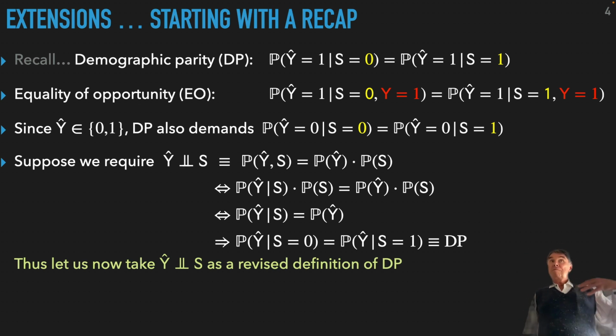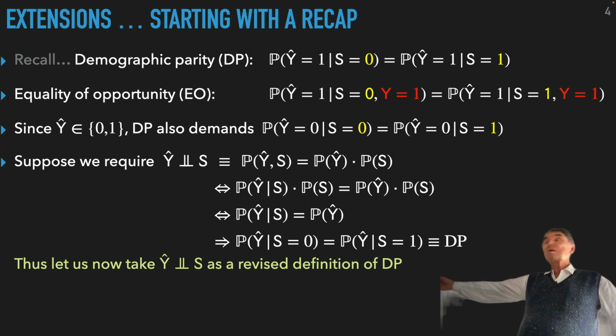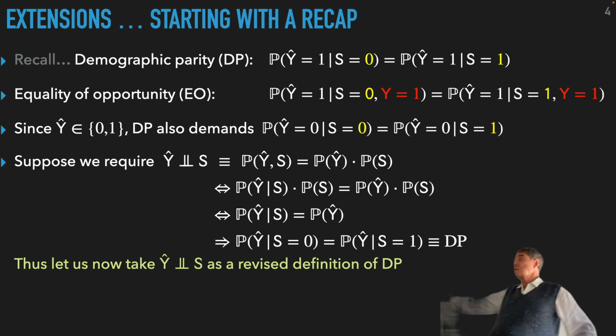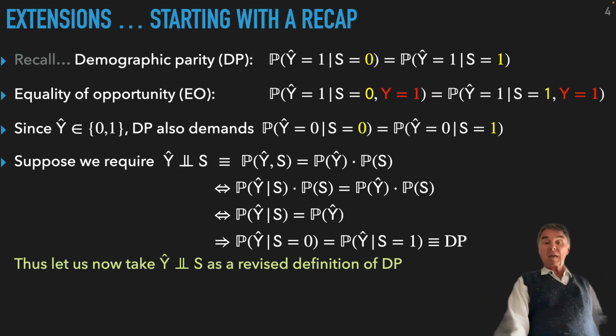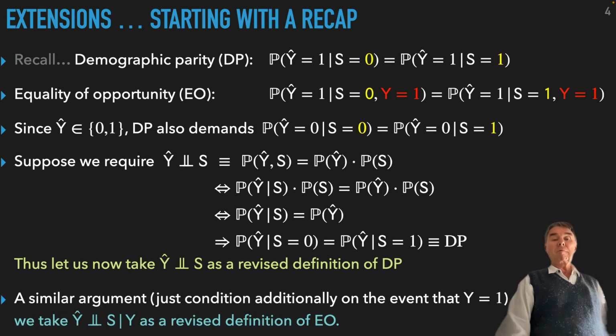Now this is very fruitful because that's going to work out nicely for random variables that are not just binary. So henceforth, since it coincides in the binary case, let me take y hat independent of s as a revised definition of DP.